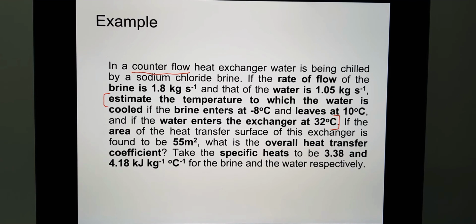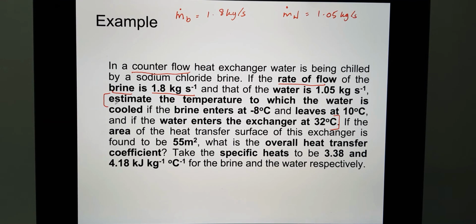The first one is the rate of flow for brine. Brine is salt water, right? So I can simply list out, for example, m for brine is 1.8 kilogram per second, and then m for water is 1.05 kilogram per second.